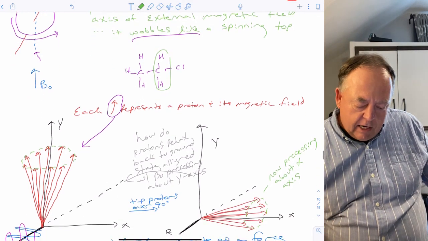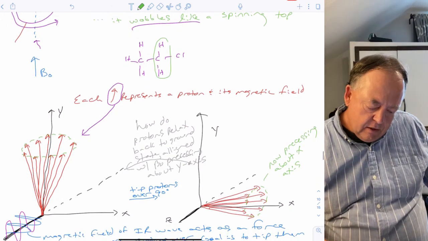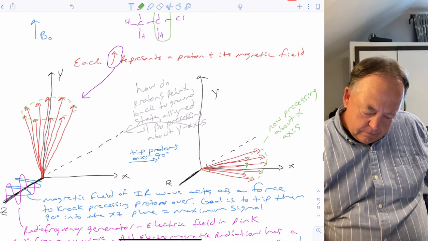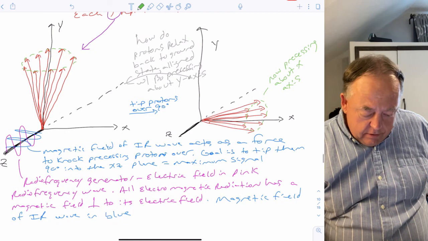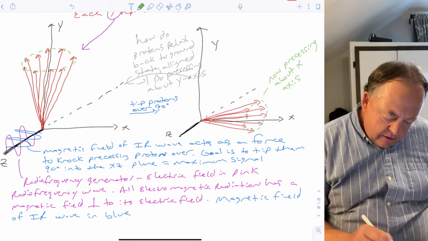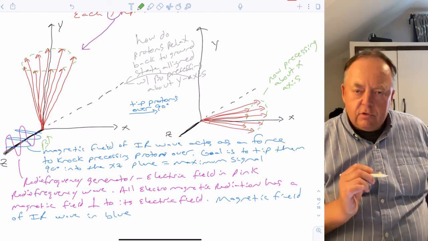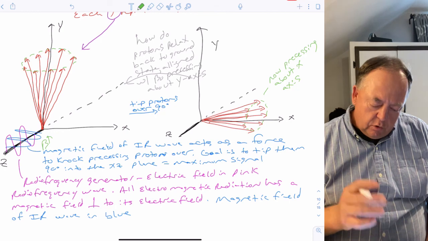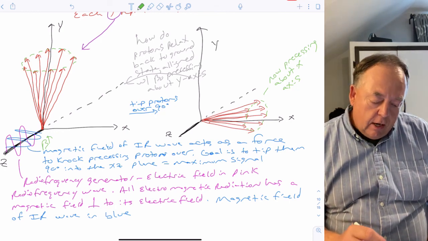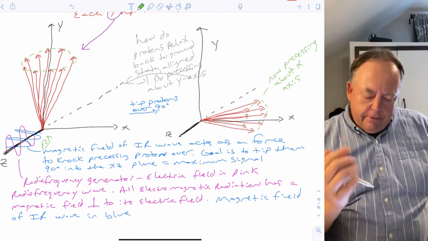Each one's a different hydrogen, but they're all equivalent to each other, so they're all precessing about this y-axis. We have our XYZ Cartesian coordinate system here. The magnetic field from the NMR instrument is in the y direction, and the protons are precessing about that y-axis, kind of wobbling like a top.